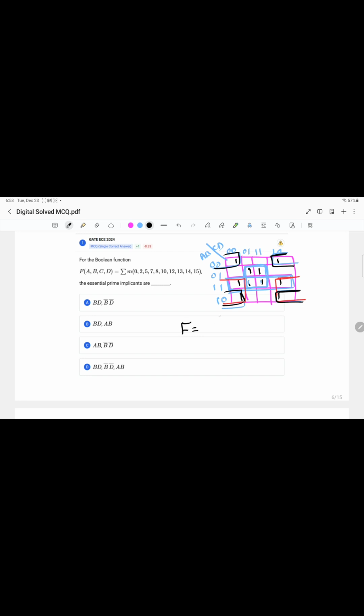So it can be written as B dash D dash plus, then the next one is the center one. We can see this one will be BD, and for the leftover terms it can be taken as AB. So this one is going to be the essential prime implicants, and this will be the answer for that.